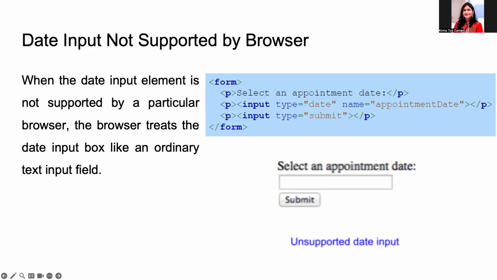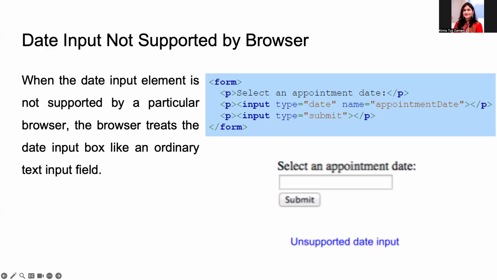Now let's talk about what happens when a browser doesn't support a certain widget. For example, here we have the date input element. In modern browsers, this normally brings up a calendar picker so users can easily choose a date. But if the browser doesn't support it, it won't break your form. Instead, the browser simply treats the input as a regular text field.